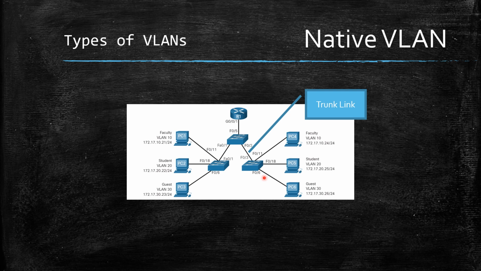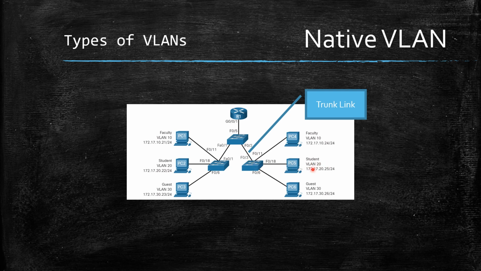As you can observe, the role of trunking is that it allows multiple VLAN Ethernet frames to cross. If someone wants to send a frame to VLAN 10, but the destination is actually connected to the other switch, they can use this link, which is a trunk link.